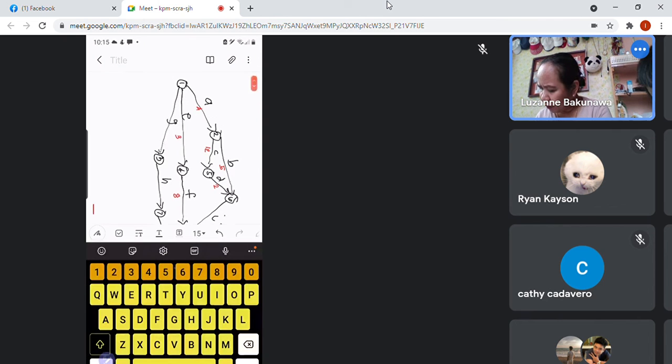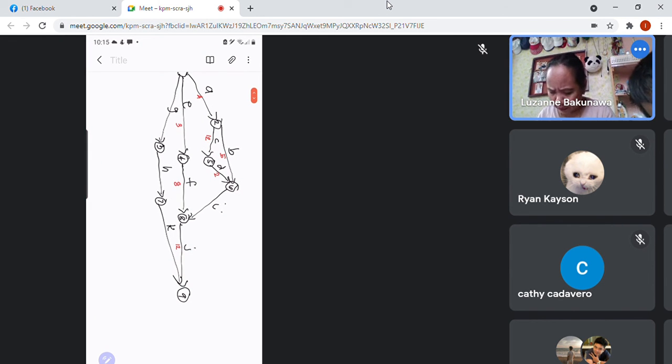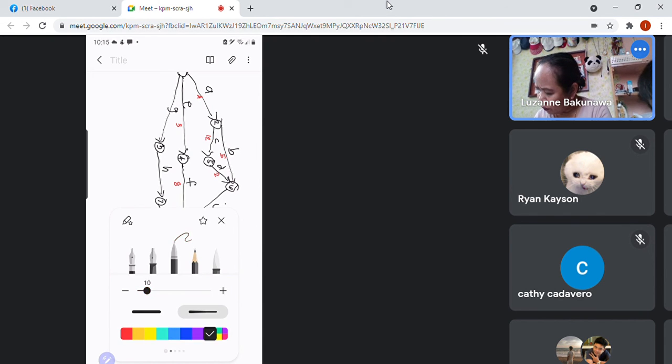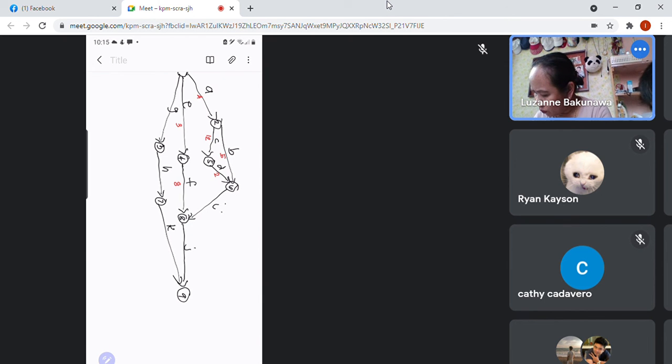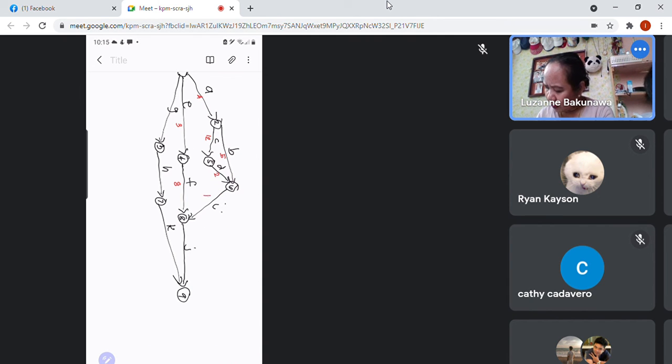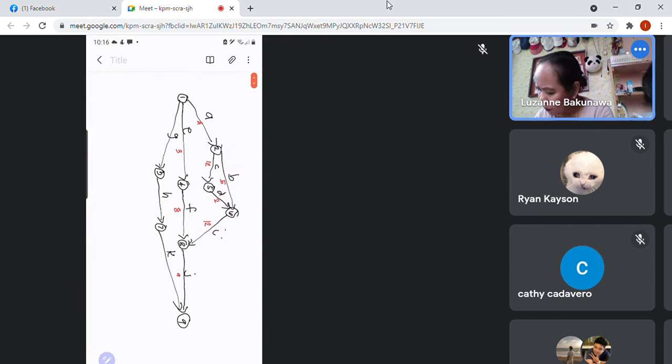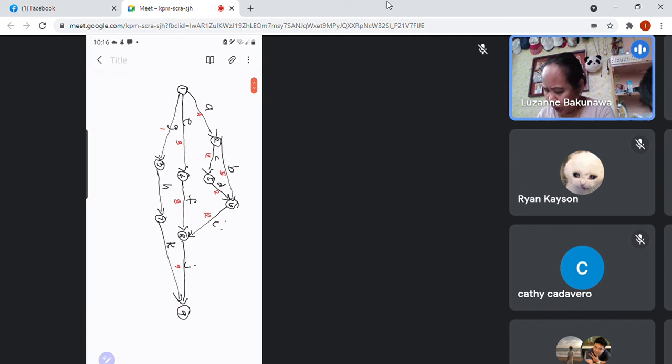I is 12. J is 9. G is 1. H is 3. And K is 15. Okay, so let's try to identify the different paths.